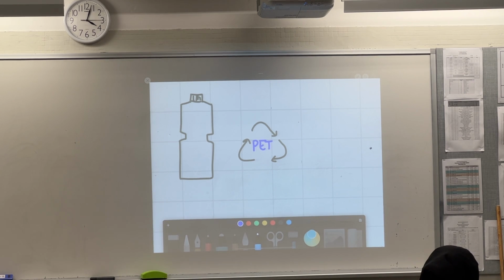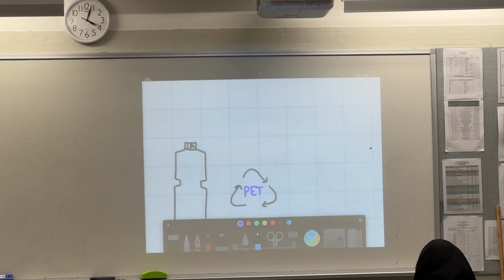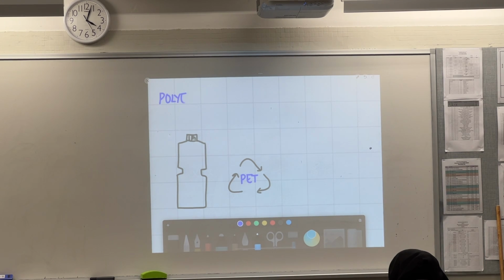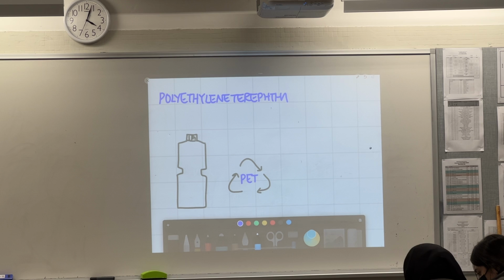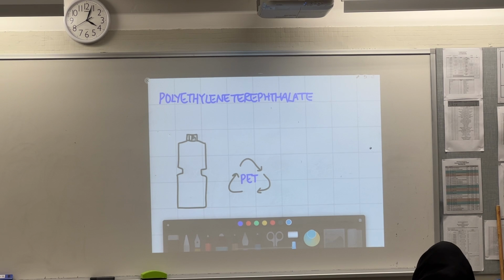So what does PET stand for? What type of polyester? Polyethylene terephthalate. I'm just gonna call it PET. Okay, that's where the P, E, and T come from.